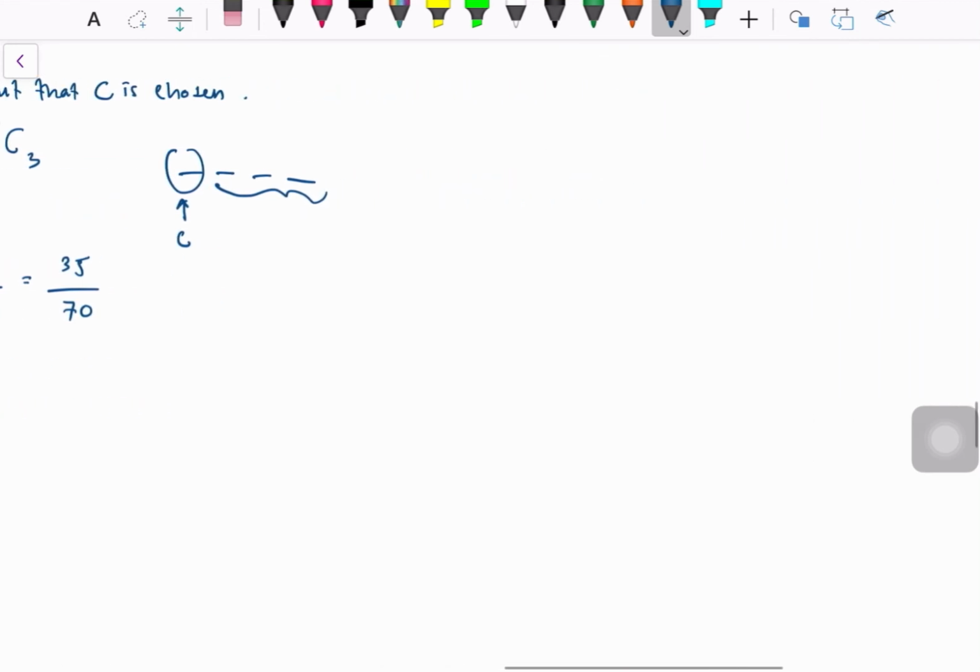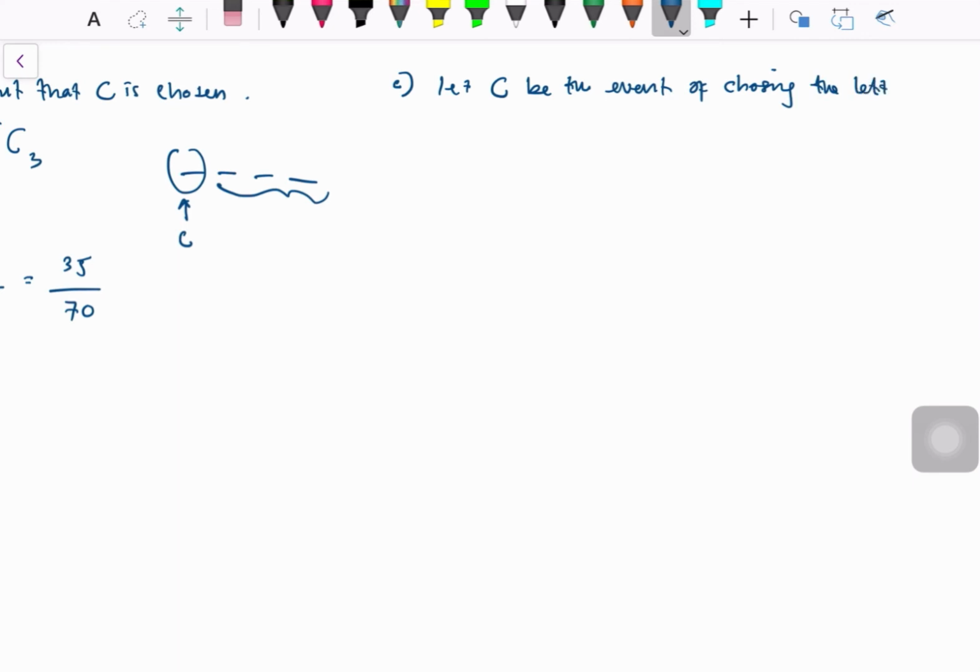So let C be the event of choosing the letters M and P simultaneously.